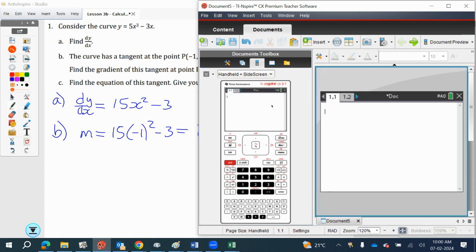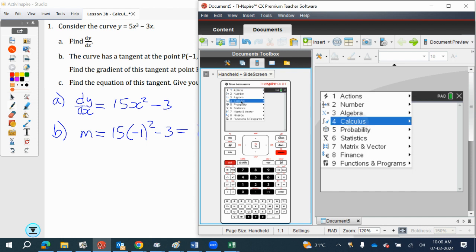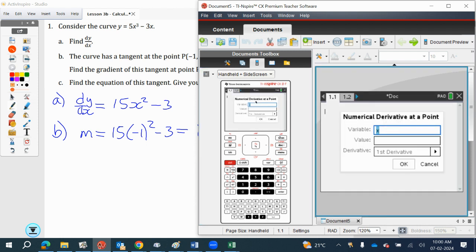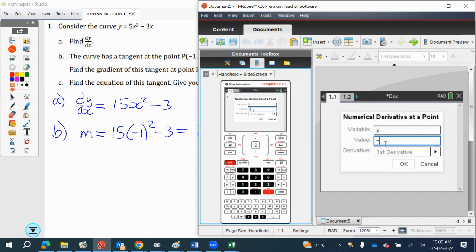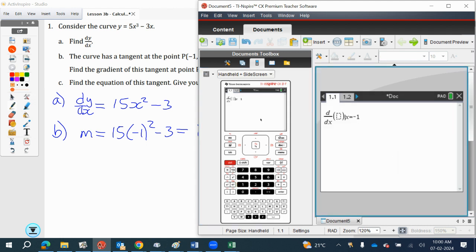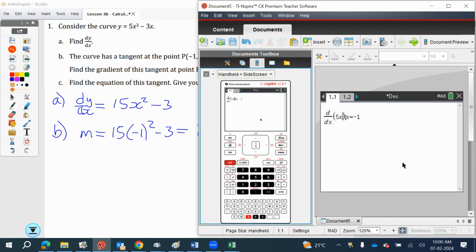Okay, so calculator, menu, calculus, derivative at a point. Our point is -1. And then I'm just going to type in the original function, 5x to the power of 3 minus 3x. We get 12. If you don't get 12, either you've made a mistake by hand or on the calculator, and it can help you catch your errors.